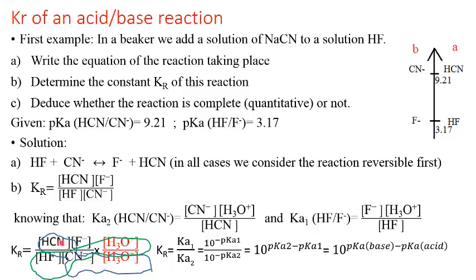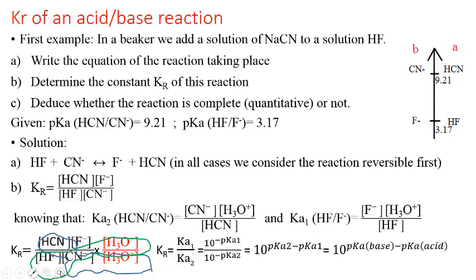Compare these three, which are circled in blue, to the following expression. You will find that what is in blue here is the inverse of Ka2. So we can cancel all that is blue here and write instead Ka2.